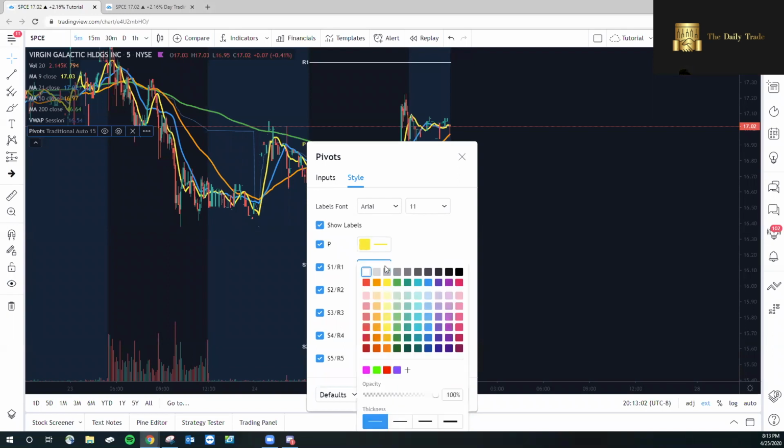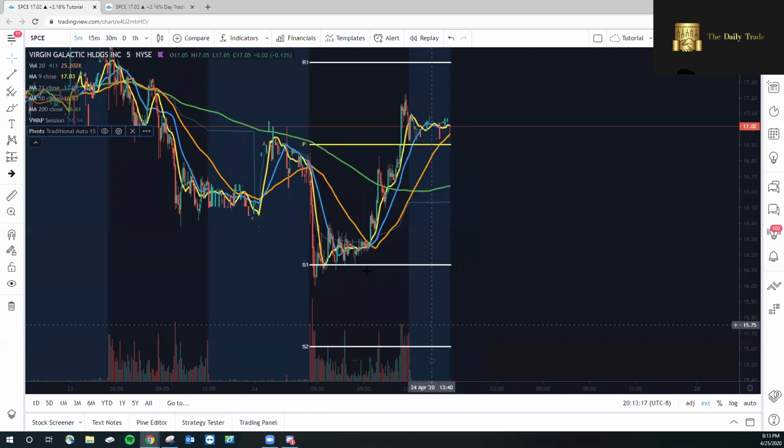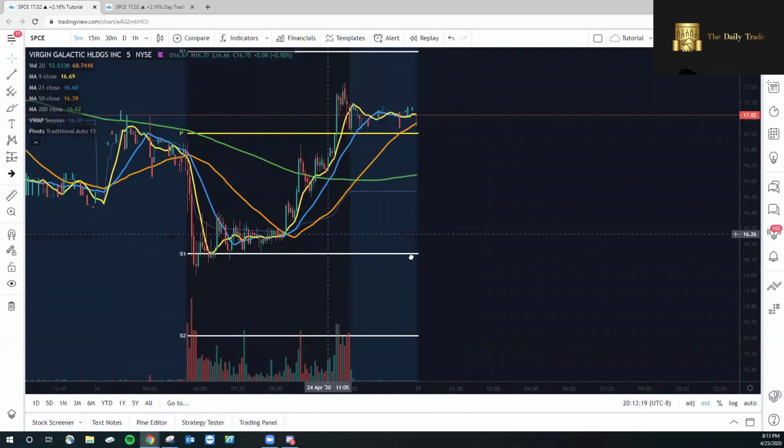And those are also going to be 3s. Great. So those are all 3s, and those are good to look at.